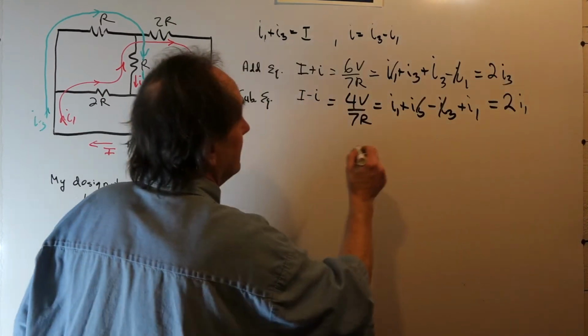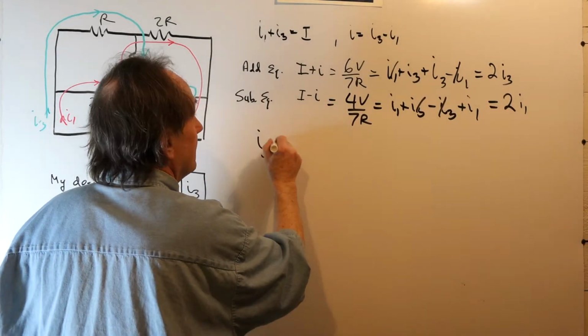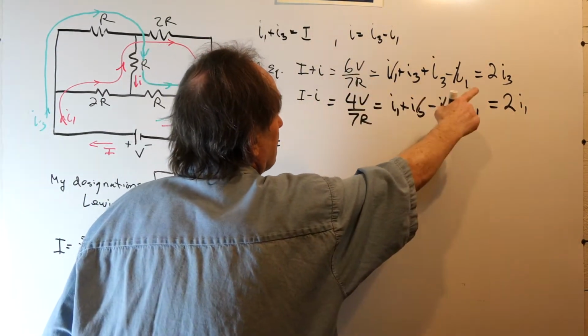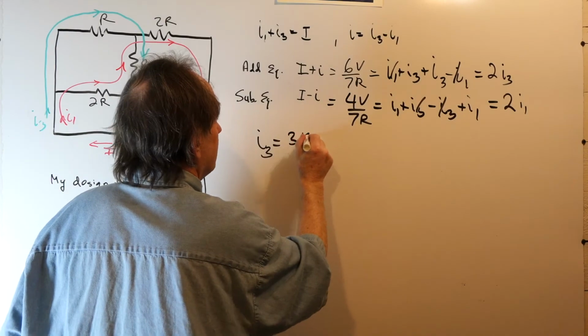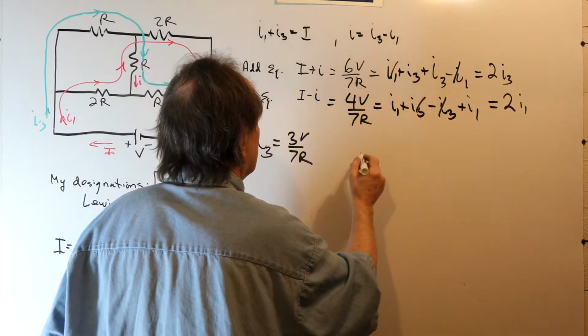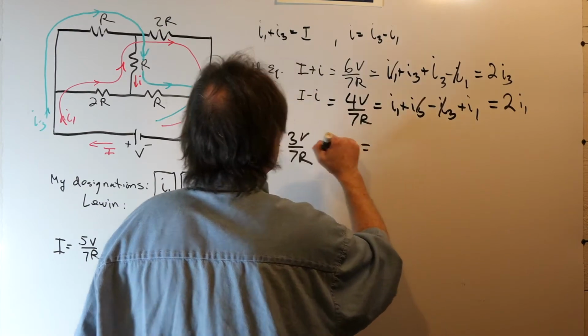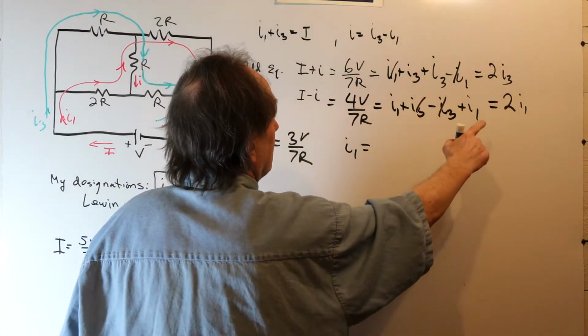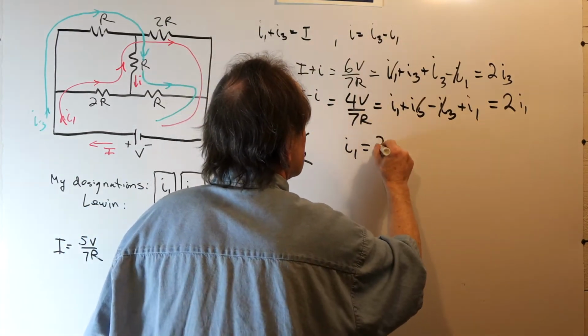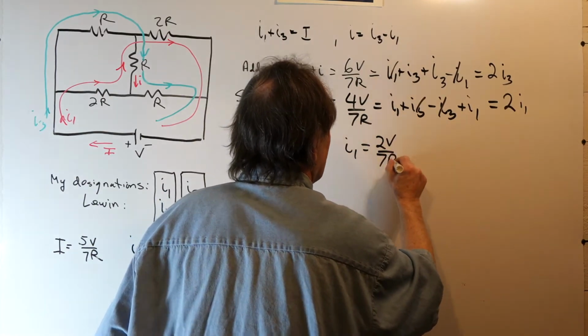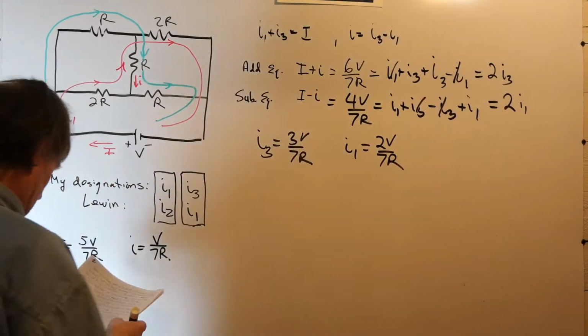So simplifying, I3 then is 6V over 7R divided by 2, or 3V over 7R. And 2I1 is 4V over 7R, so I1 is just 2V over 7R. So those are our two loop currents.